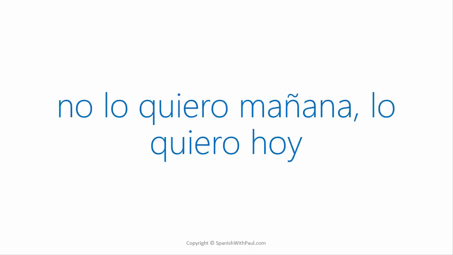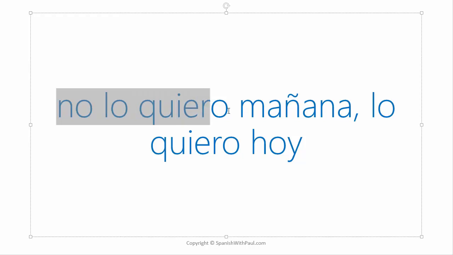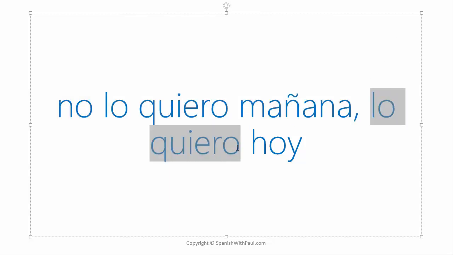No lo quiero mañana, lo quiero hoy. So, no lo quiero, I don't want it. Mañana, tomorrow. No lo quiero mañana. I want it today. Lo quiero, it I want. Hoy, today.